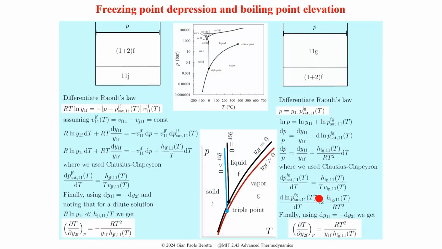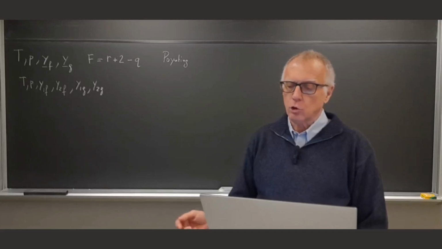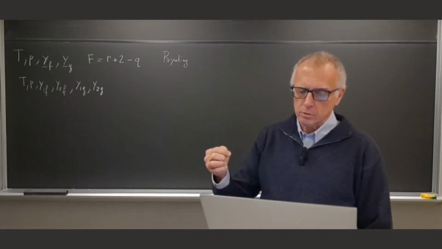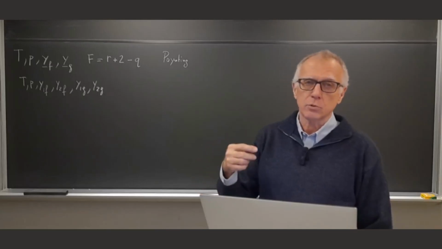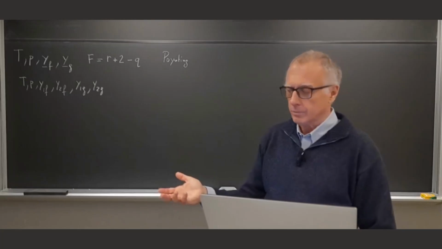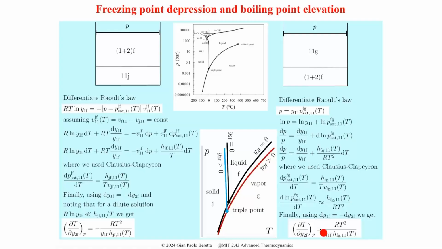These boiling and freezing effects can also be used, and are actually used, as means to measure the salt content. For example, you take seawater, and if you want to measure the salt content, you run the experiment of freezing it and boiling it.